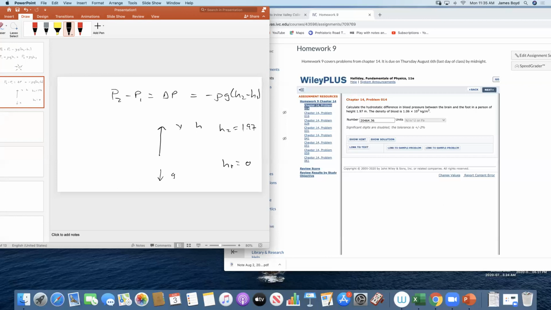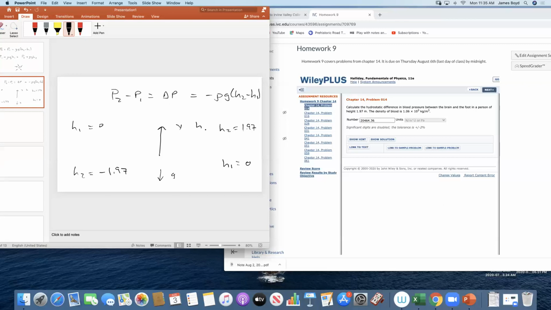So, sorry, I'm trying to figure out a way to give you the positive difference here. Oh, I know. What they're doing is H1 is 0 and H2 is negative 1.97. That way this term will become positive.